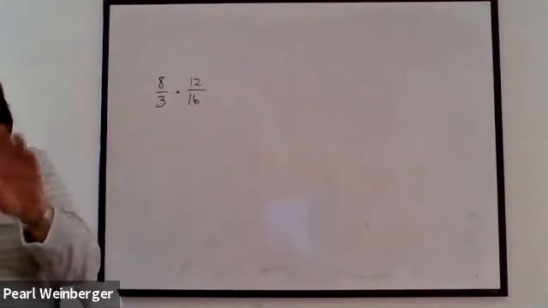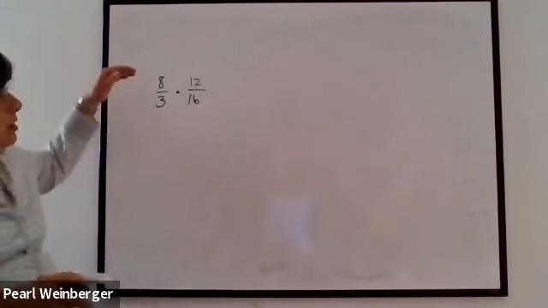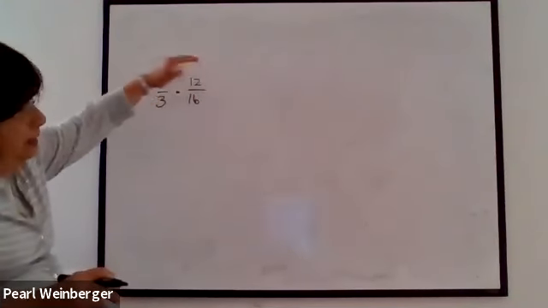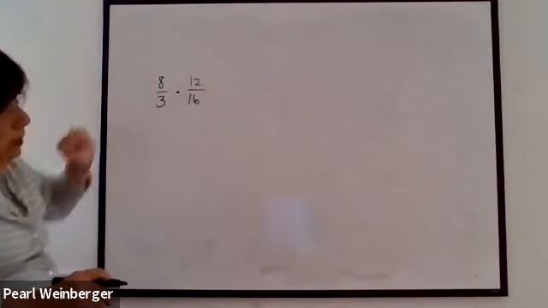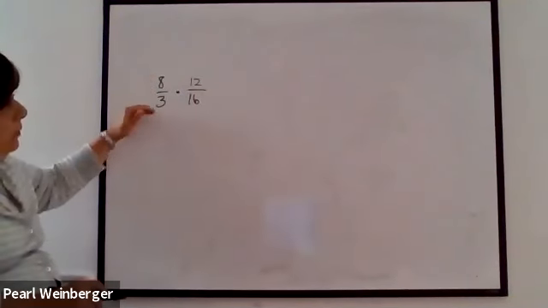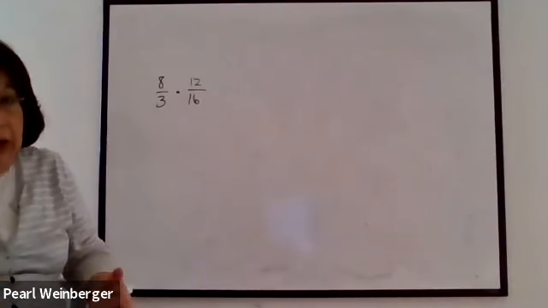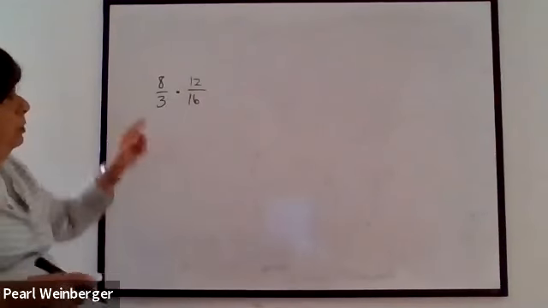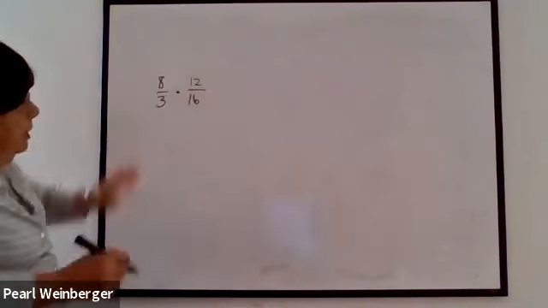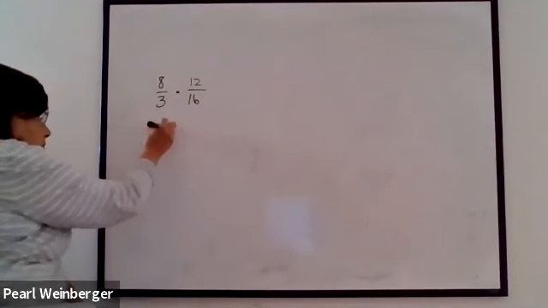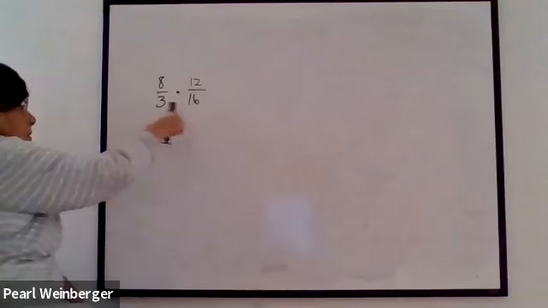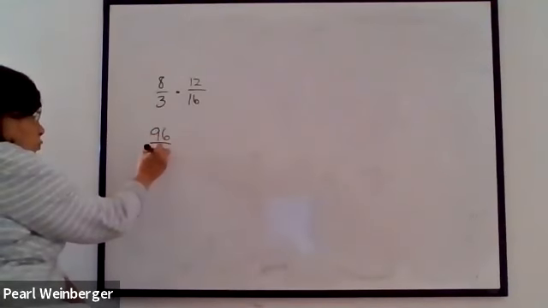The basic rule in multiplying fractions is that you have to multiply the tops together. You have to multiply the two numerators together. And then you have to multiply the two denominators together. And that gives you your answer. In other words, I would do 8 times 12, which is 96, and 3 times 16, which is 48.